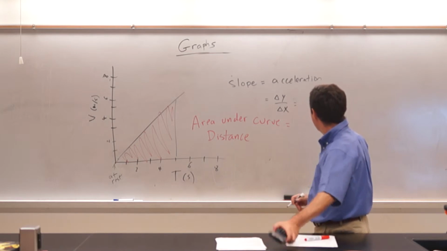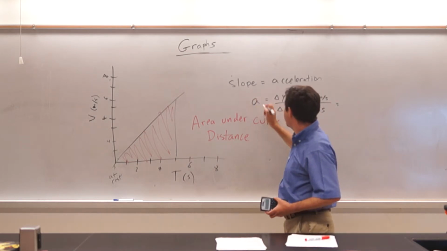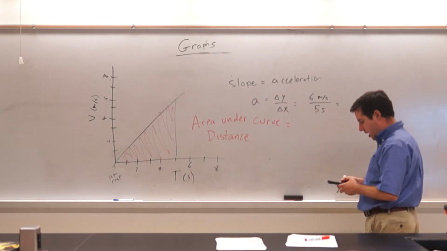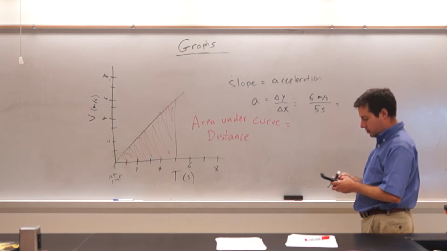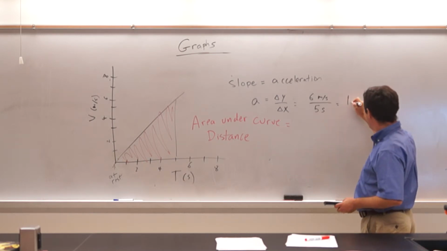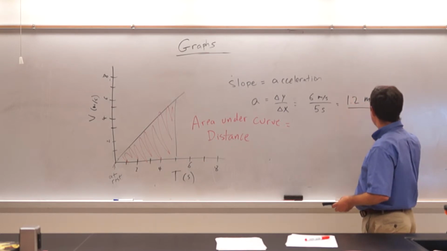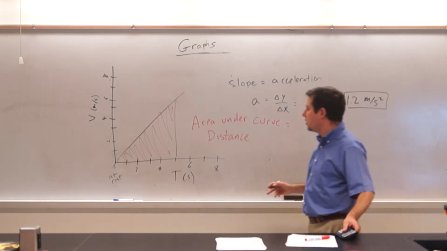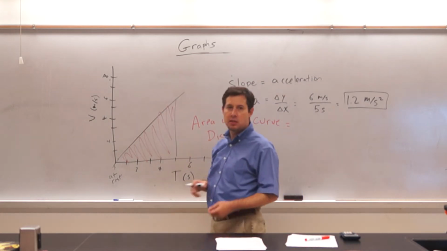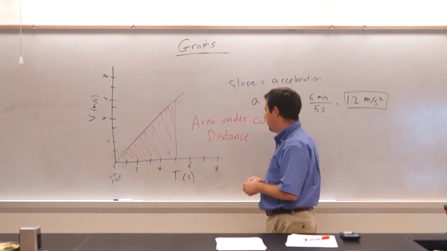So your slope, or your acceleration, in this case, 6 divided by 5, I'm going to put this in the calculator, is 1.2 meters per second squared. So that's your acceleration for this, and it's a constant acceleration because the slope is a straight line.